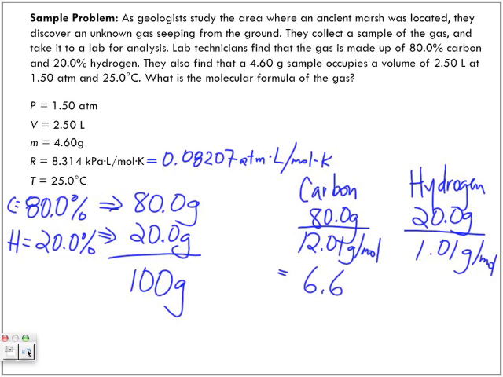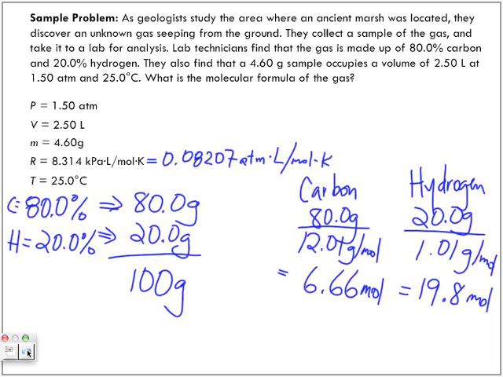The dreaded 6.66 moles is actually going to be carbon. And hydrogen comes out to 19.8 moles. So we've got the number of moles, and this is what we end up doing.